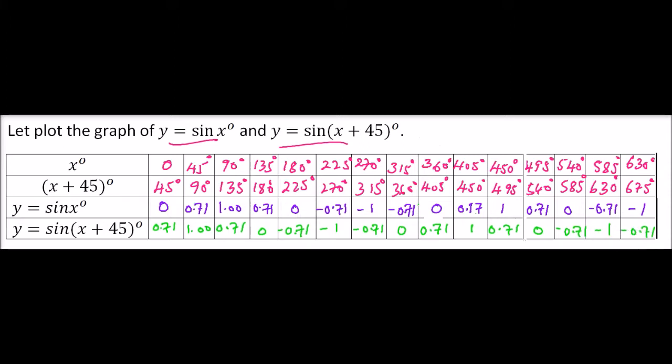This is 0.71, not 0.17. So we now have the values. What remains is to use our values to fill the table to come up with the graphs.